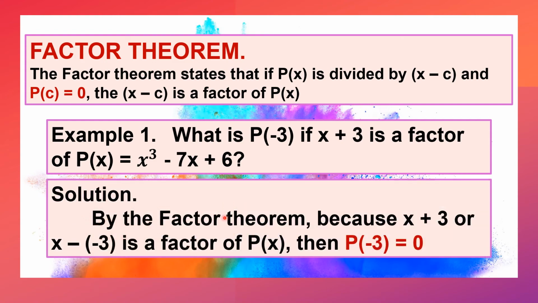By the factor theorem, since x plus 3 is already a factor of x cubed minus 7x plus 6, then p of negative 3 is equal to 0. Hindi na tayo nahihirapan since sinabi na sa ating problem na ang x plus 3 ay factor. When it is a factor, p of c is always equal to 0. So our p of negative 3 is equal to 0.